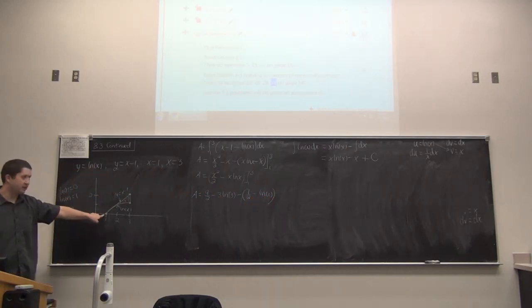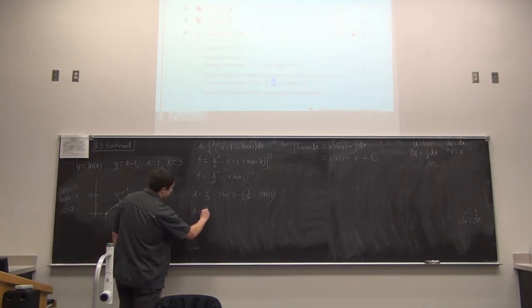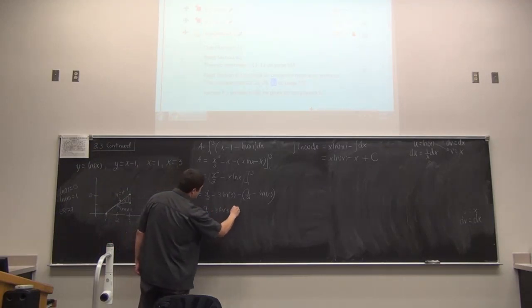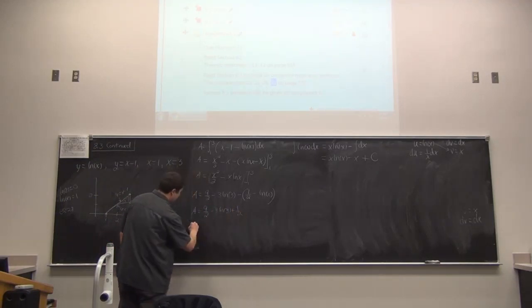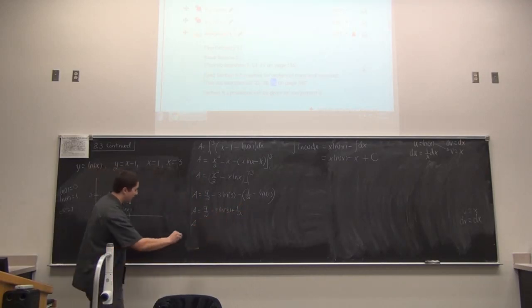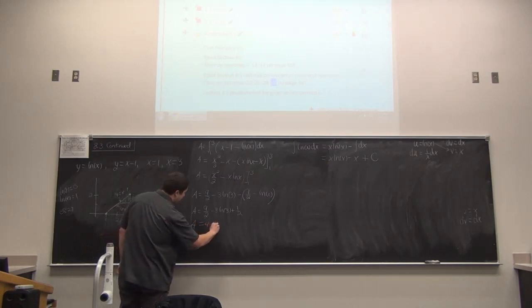And in this one problem, it would be evident from the graph as well. So altogether, total area is 9 halves minus 3 natural log 3 plus 1 half. So finally, together that makes 8 halves, so we get a 4. The total area of that region is now 4 minus 3 natural log of 3.